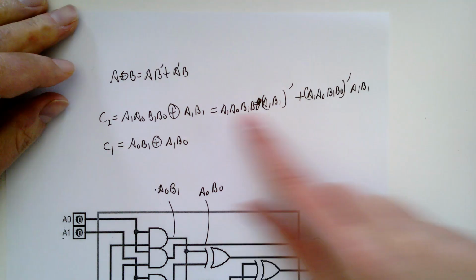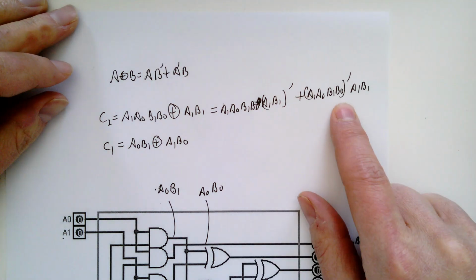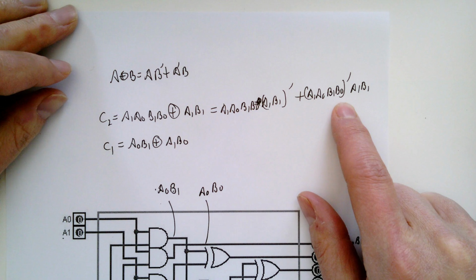We can simplify this by using De Morgan's theorem and then cross multiplying.